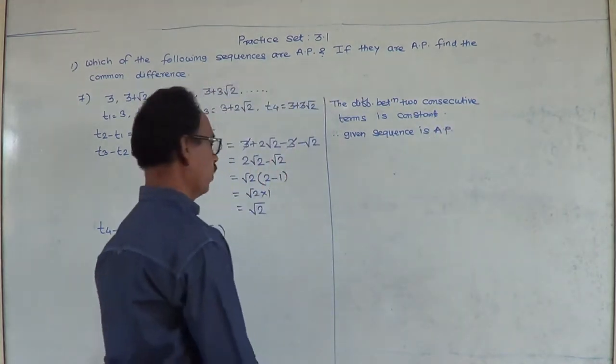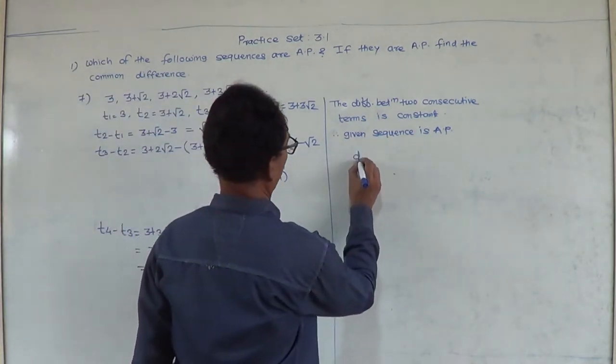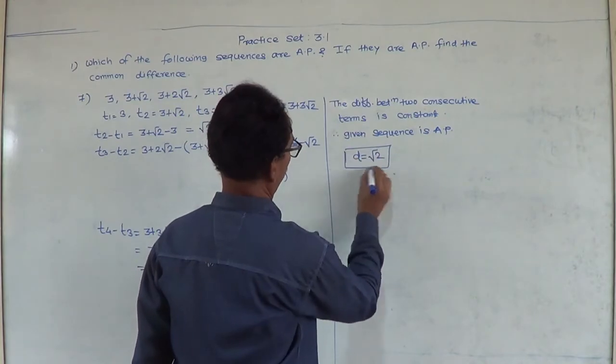Clearly we can write the value of D, that is common difference, is root 2, and the value of D is root 2. This is our final answer.